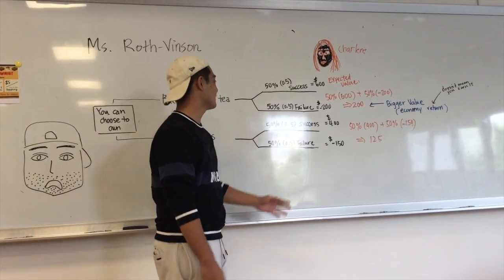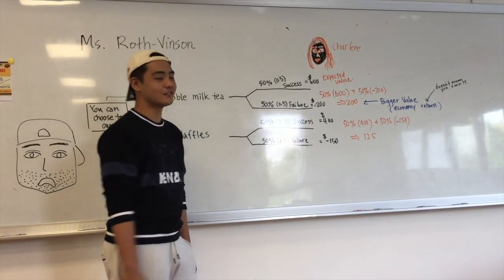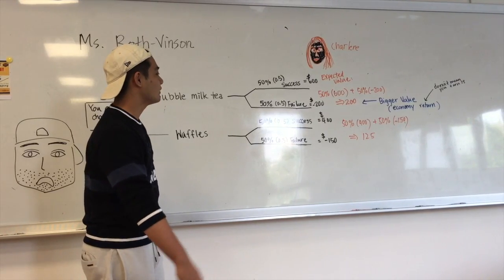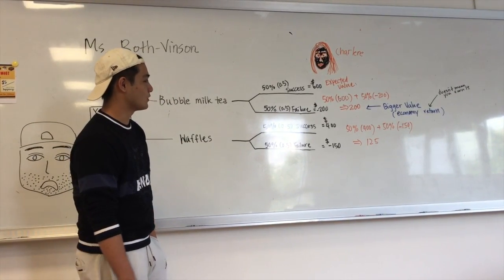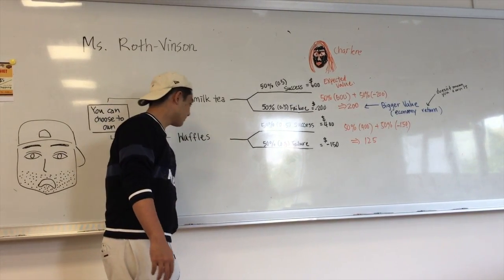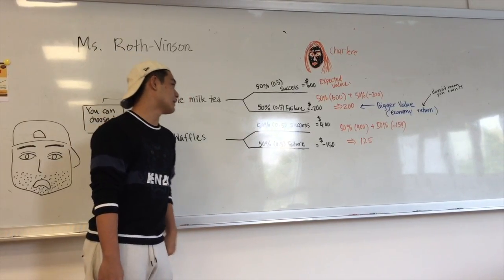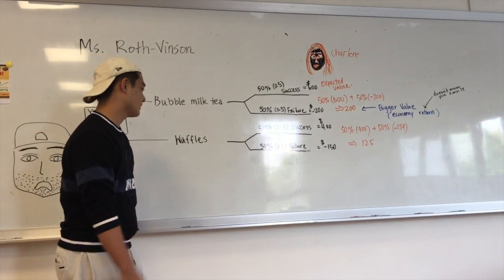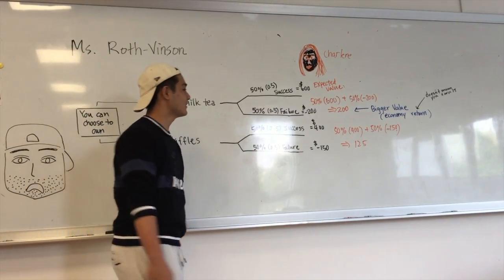If you succeed, we expect that you will make $600, and if you fail, we expect that you will lose $200. In waffles, if you succeed, you will make $400, and if you fail, you will lose $150.